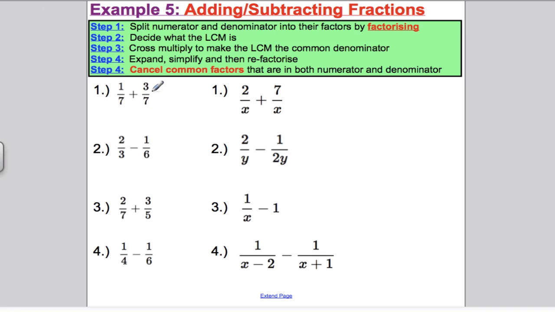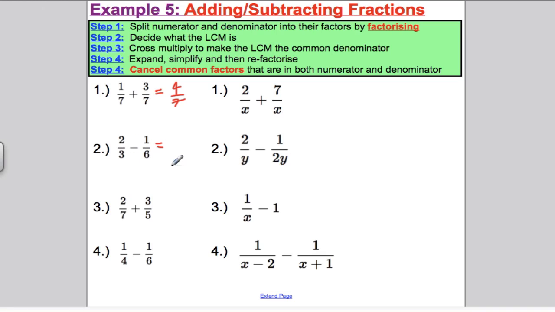1/7 plus 3/7, well, how many sevenths have we got? 4/7. And we're done. 2/3 minus 1/6. Well, it's like pounds and euros there. We can't subtract these until we have the same units. Now, to make the same units, you work out what the lowest common multiple of the two denominators is. The lowest common multiple of 3 and 6 is 6.